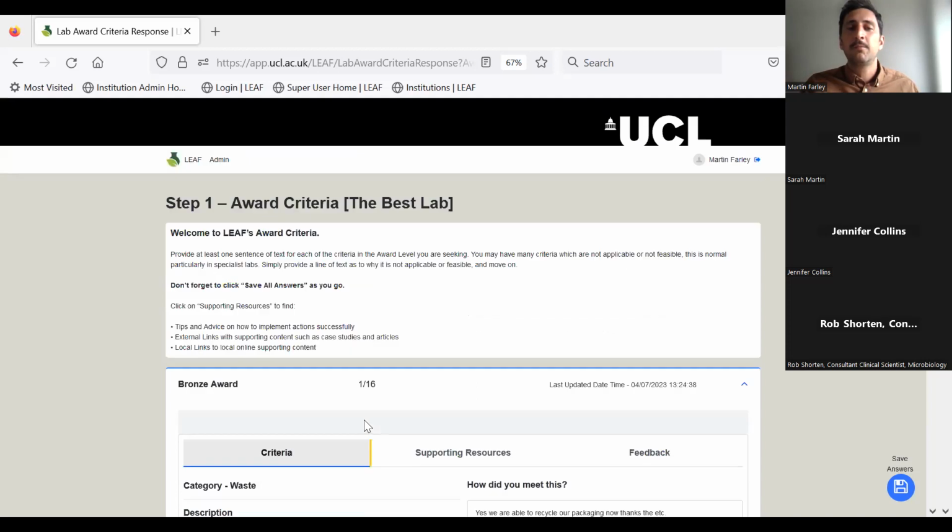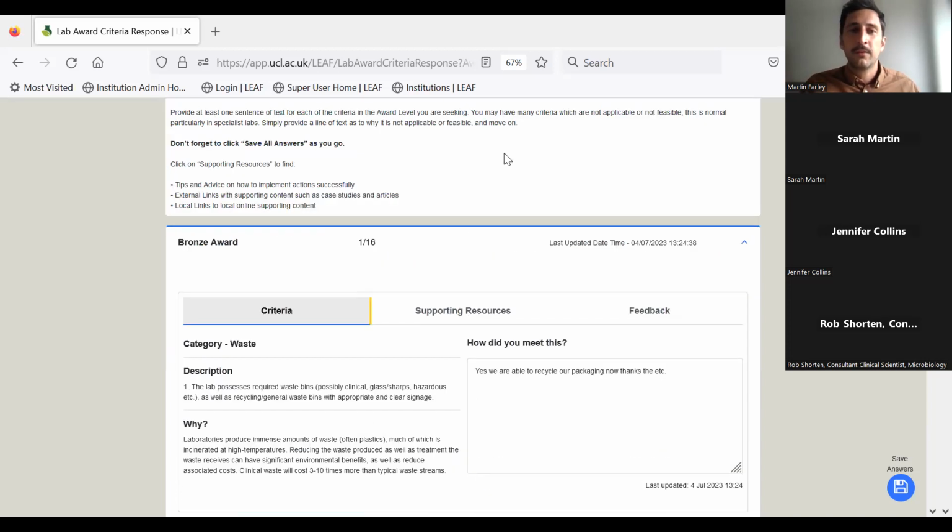Now, the LEAF program was written, as I mentioned, for research labs and teaching labs. But there's more types of labs, for example, where you all come from. So what we did was we built a new framework, put it on Excel, and I'm going to show you quickly the Excel. And this is what it looks like.